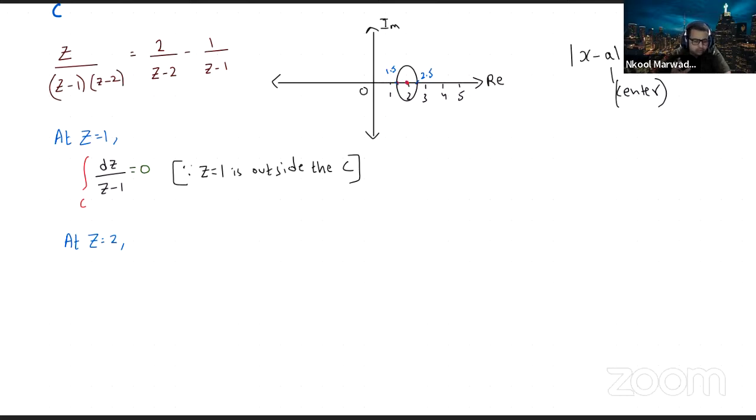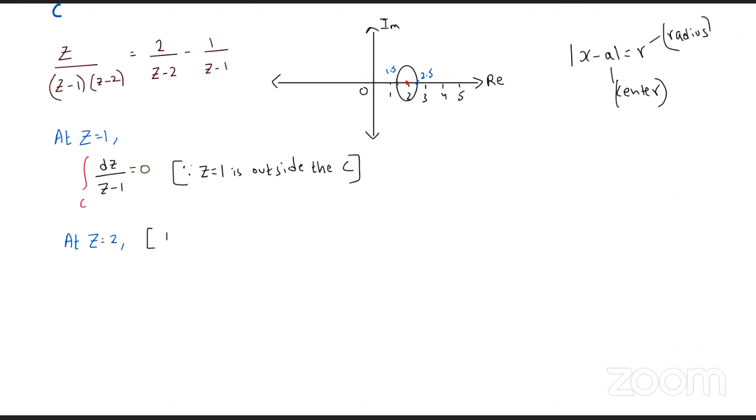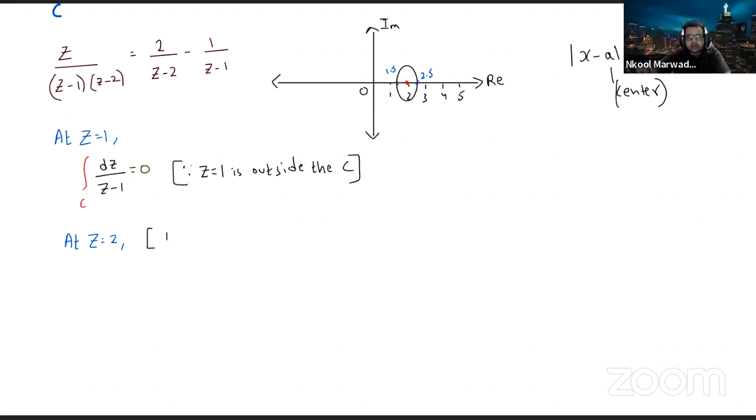So at 2, the point is inside the circle, and now we just have to find the integral. The integral is defined, so we can calculate the integral.